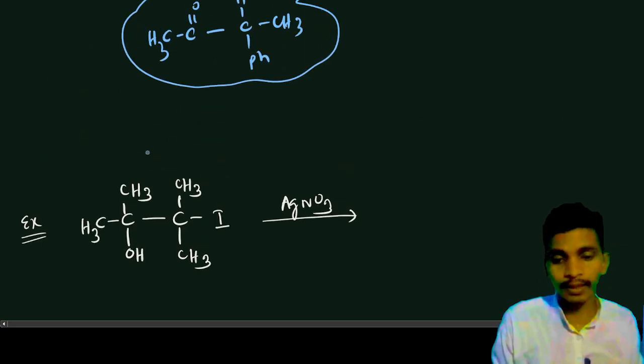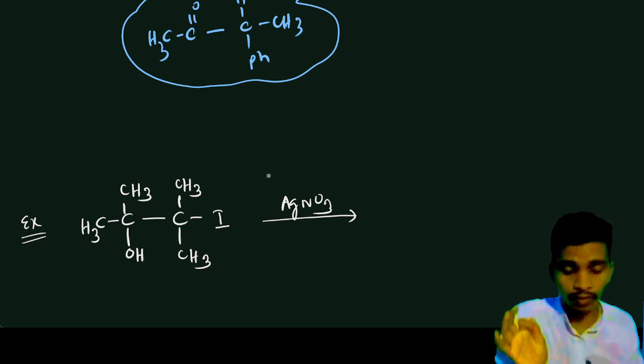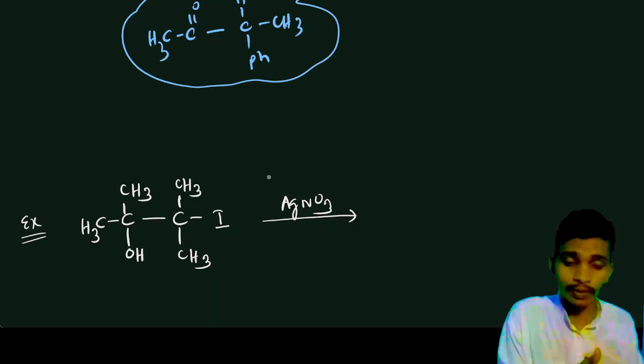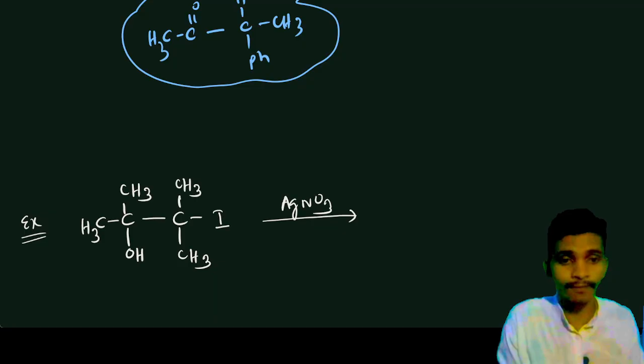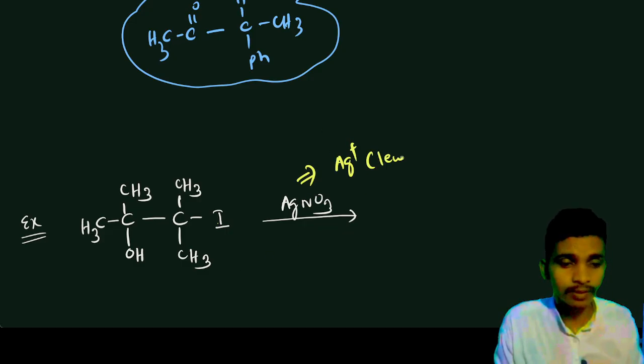Moving to the next example, here also the same thing that I said: either a chlorine halogen atom is there or an amine is there. If an amine is there, then HNO2 will be there, such that this group will leave. Now this is AgNO3, meaning this is Ag plus and this is the Lewis acid.